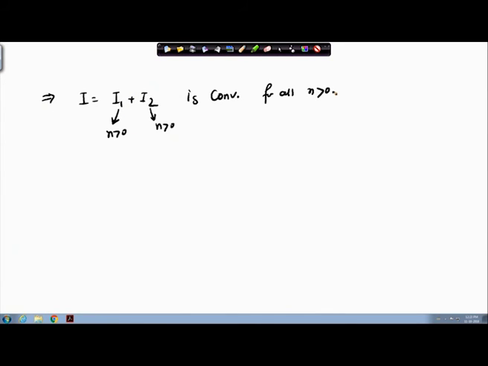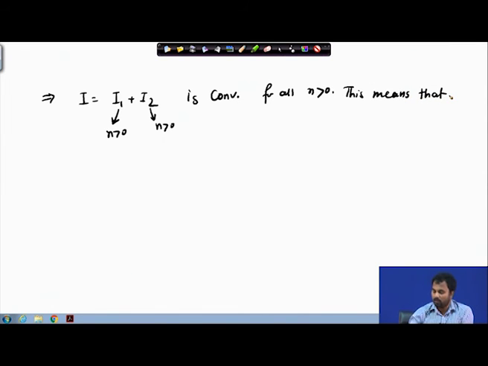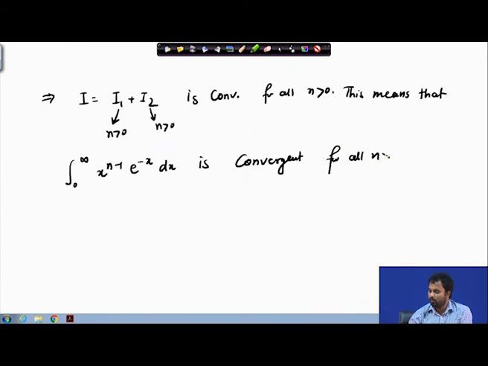That means the given gamma function, which was the integral from 0 to infinity of x to the power n minus 1 e to the power minus x dx, is convergent for all n greater than 0.